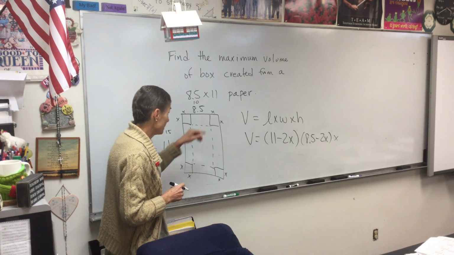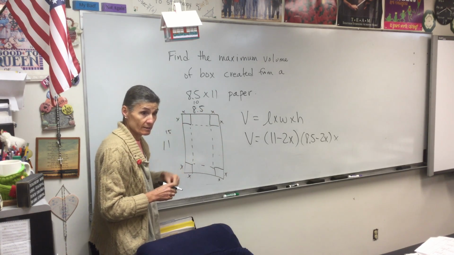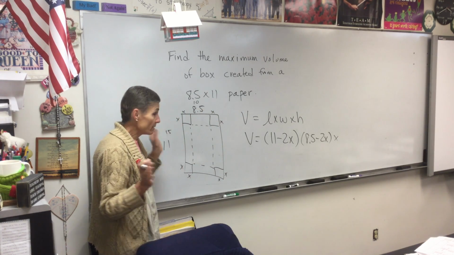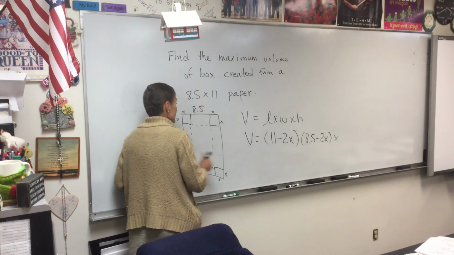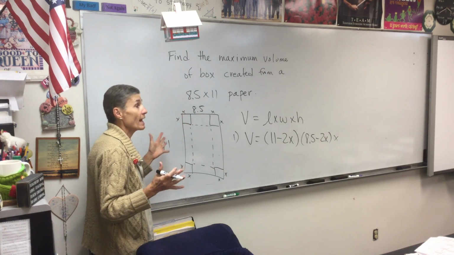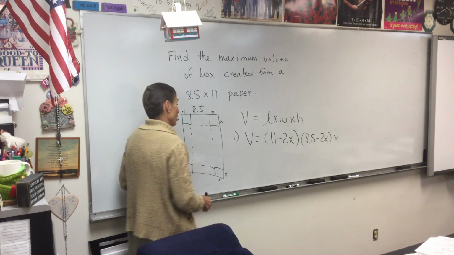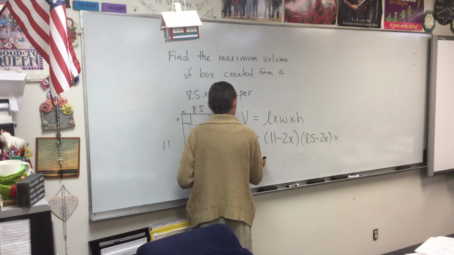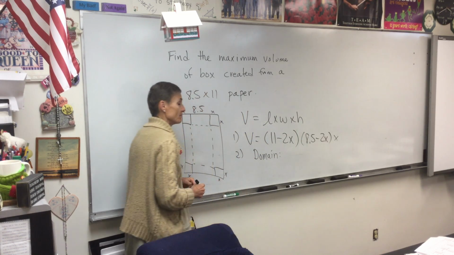It's going to be 15 minus 2x and 10 minus 2x, right? It's exactly the same setup. Okay. Now, question number 1, or part A, write the equation, done. Part 2, very, very important, will always be, what is the domain of this function?